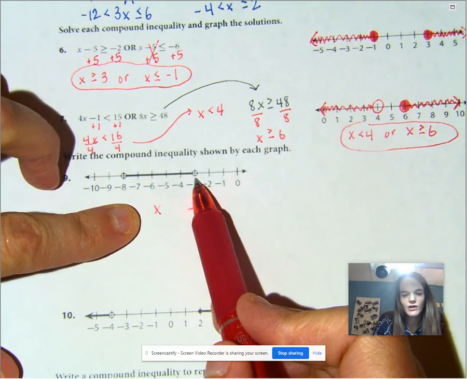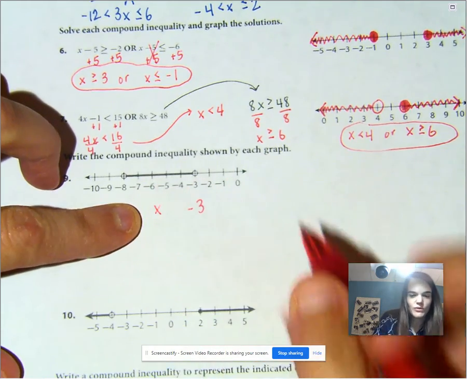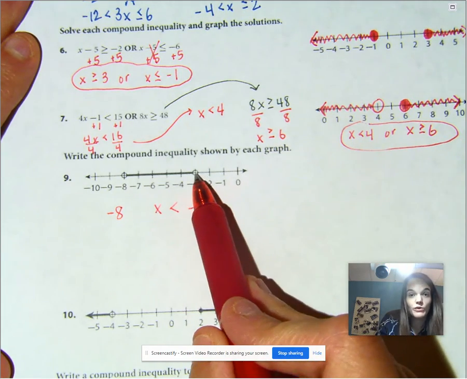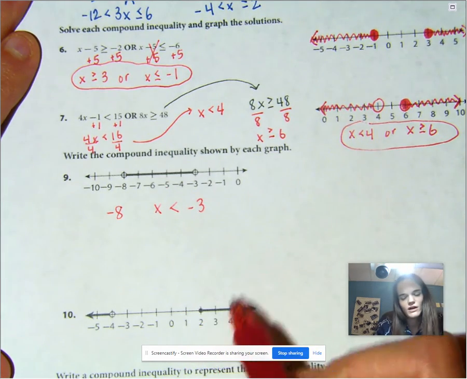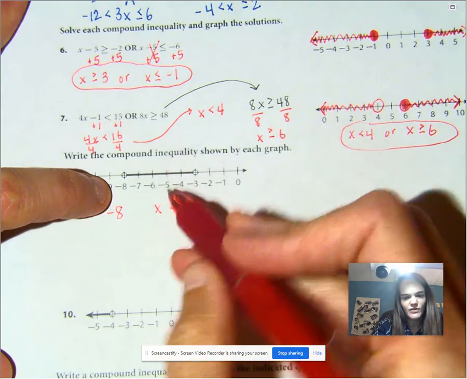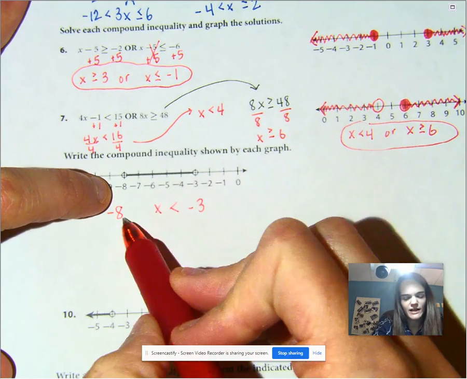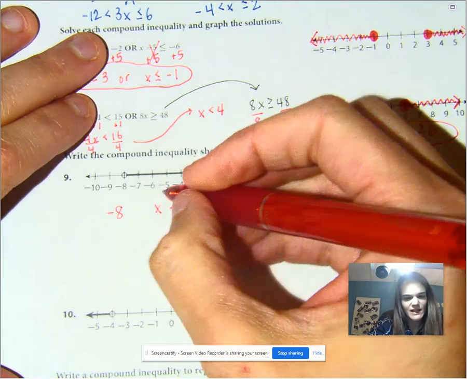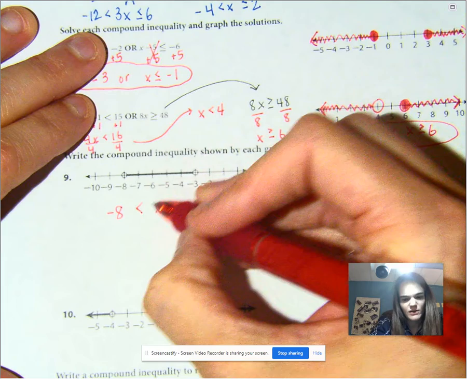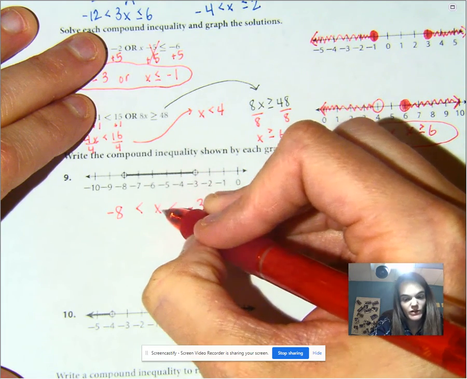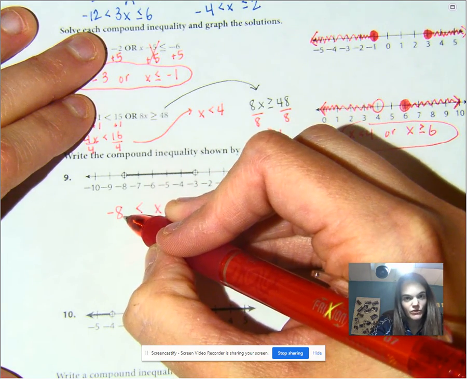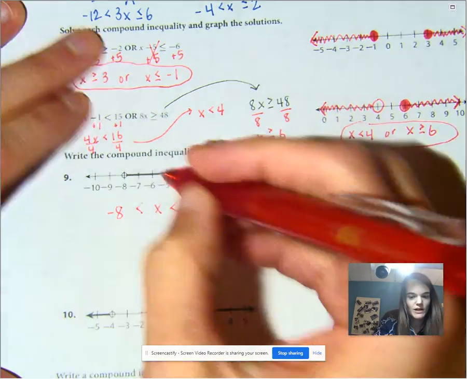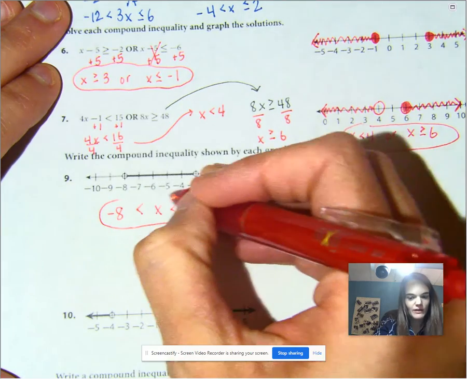We have -3 here, and all the values less than -3, so less than. It does not need a line underneath it because it's an open circle. Next, I have the values greater than -8. But since this is written over here, I need to have x with the larger piece pointing towards the x and the smaller towards the -8. This says x is between -8 and -3. All I'm doing is writing the compound inequality.